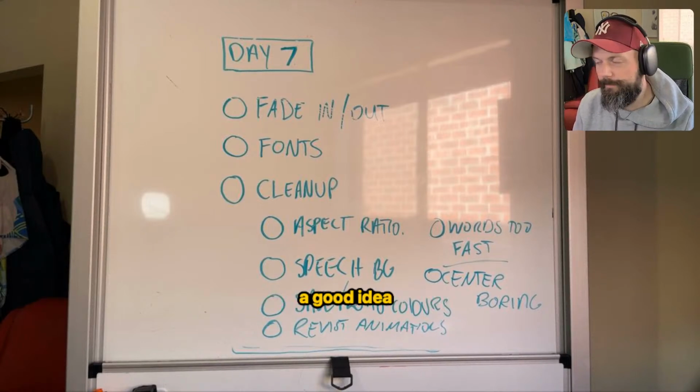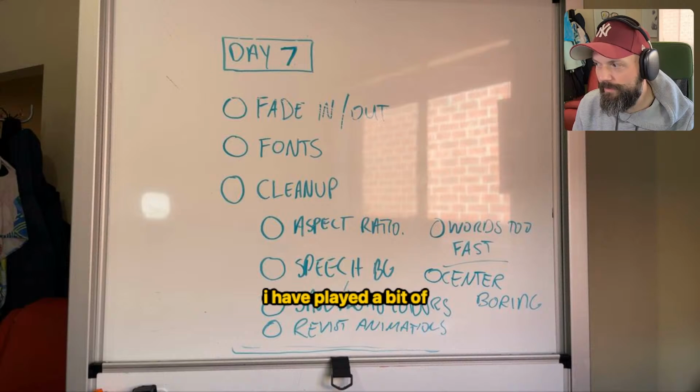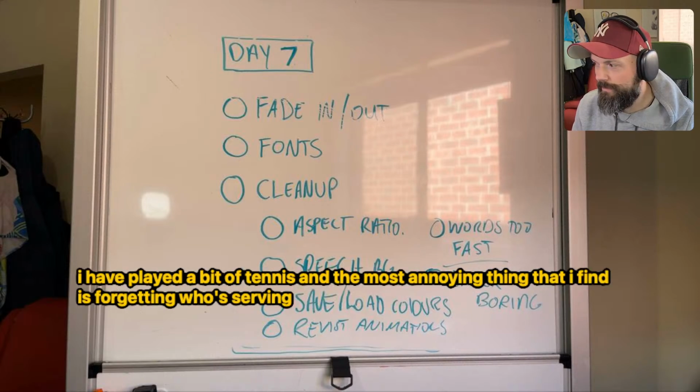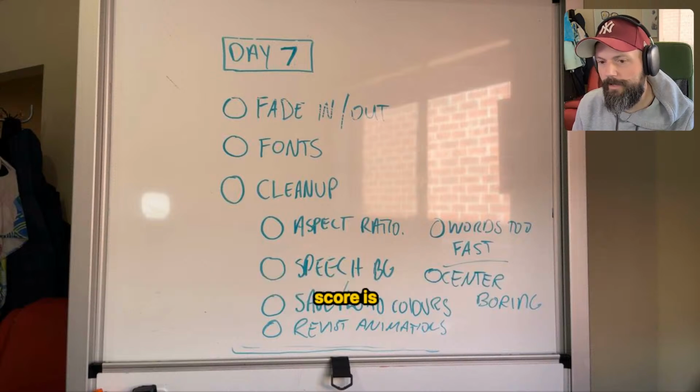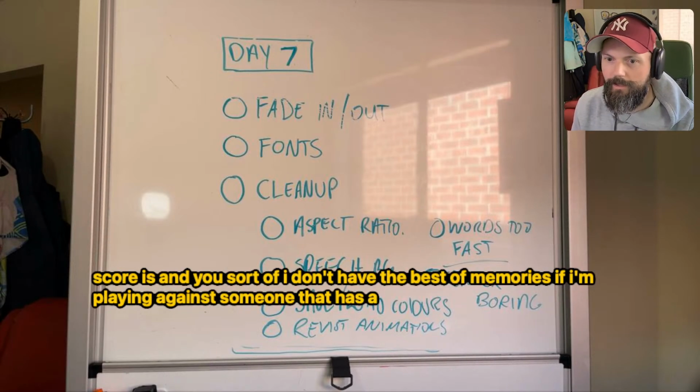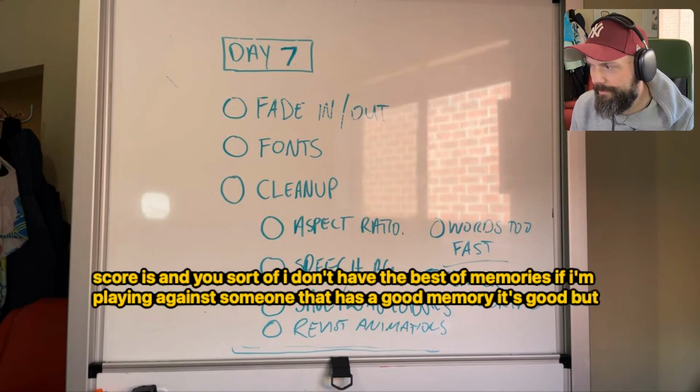I have played a bit of tennis, and the most annoying thing that I find is forgetting who's serving, what set you're on, and what the score is. I don't have the best of memories. If I'm playing against someone that has a good memory, it's good. But if we both don't have a very good memory, we forget.